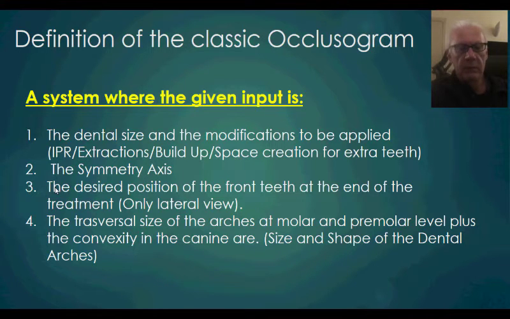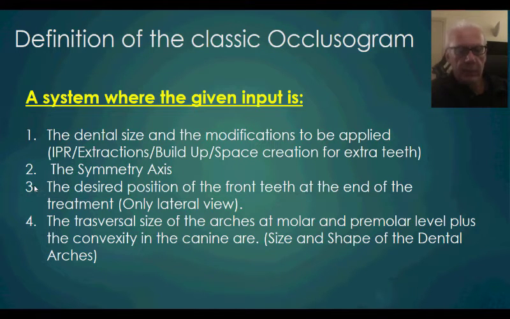So at the beginning you have to ask yourself which are the inputs that we need to give to the occlusogram, and they are basically what you see here in this slide: the dental size and the possible changes of the dental size. This includes also extractions or IPR or build-up of teeth or space creation for prosthetics or implants.